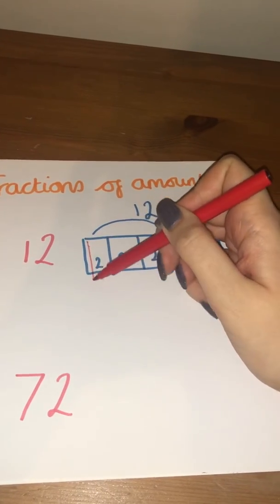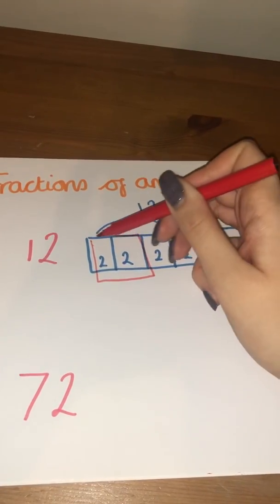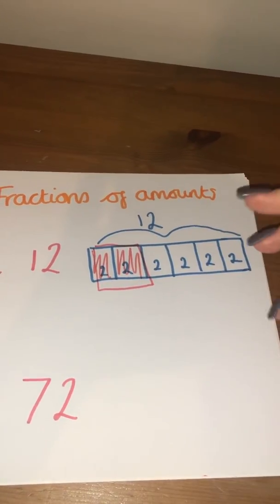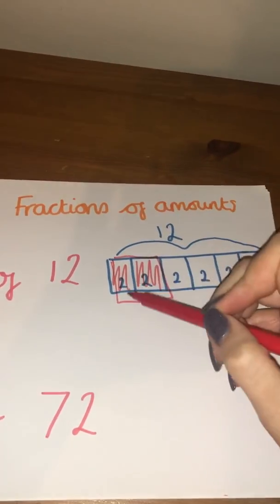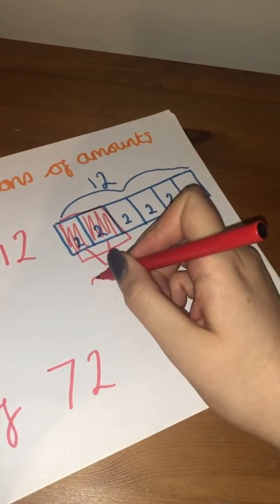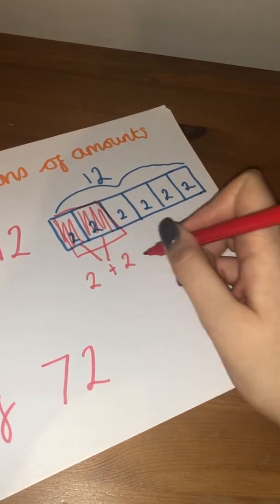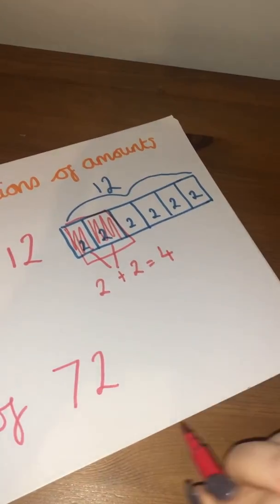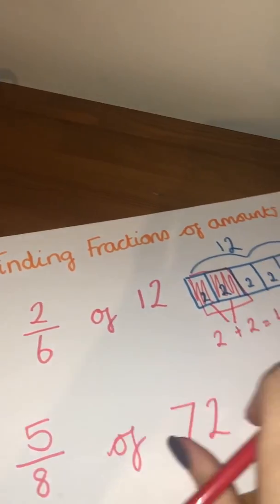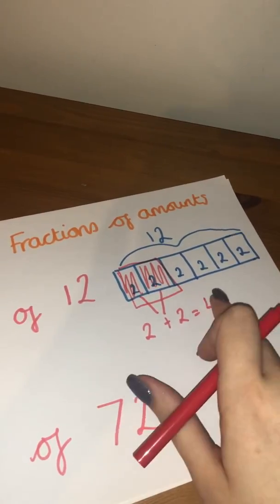Therefore I know that I need 2 of these bars because 2 have been coloured in, 2/6. So therefore 2/6 of 12, 2 and I've got 2 again, equals 4. So 1/6 was 2, but the question asked me for 2/6 of 12, which is going to be 4.